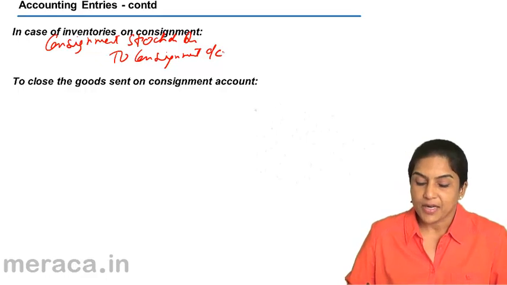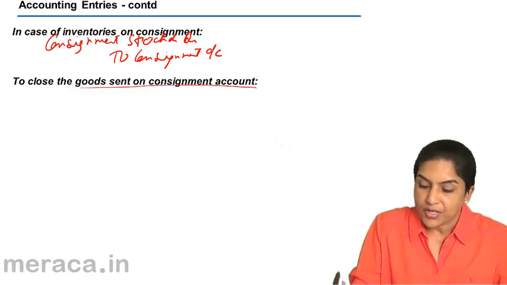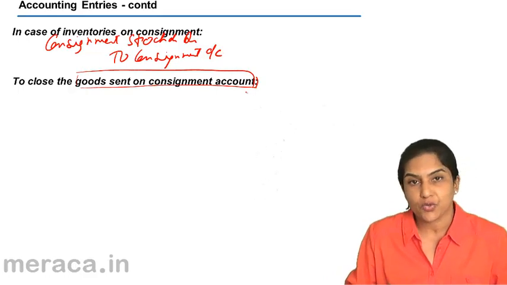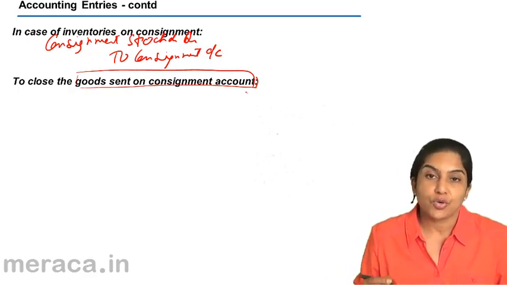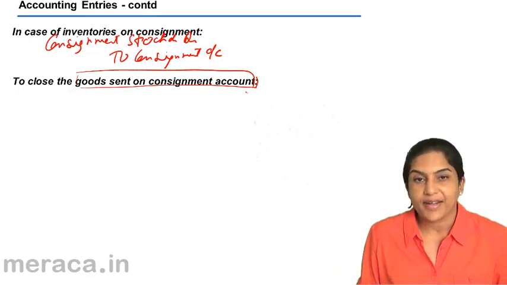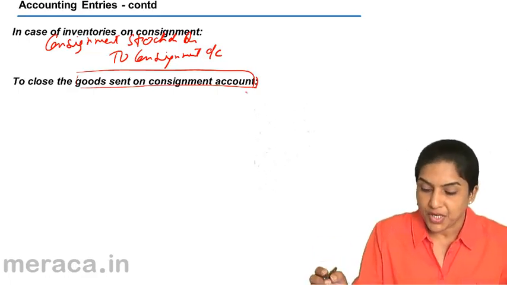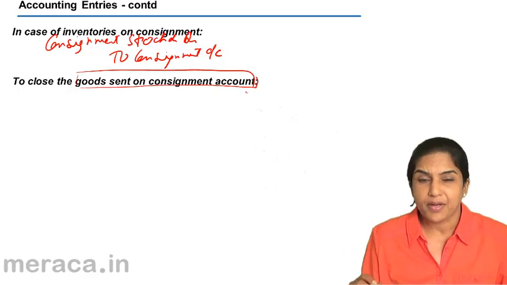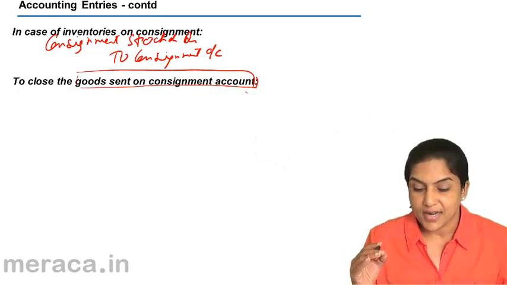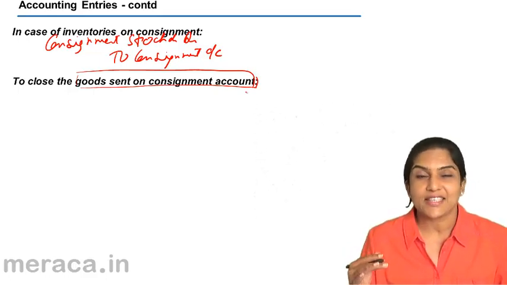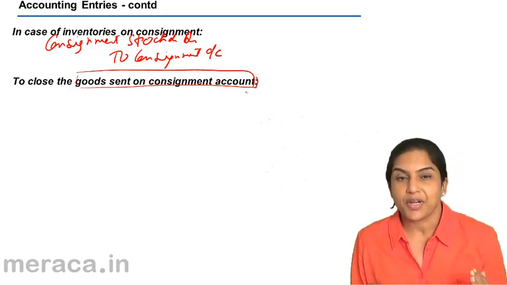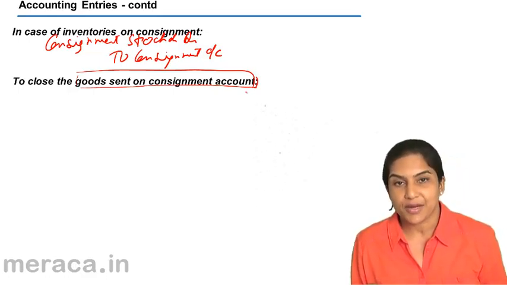Now we have an account called goods sent on consignment which we opened. This account too needs to be closed, and this account is closed by transfer to trading account or manufacturing account. Goods sent on consignment, if you remember, when did this account arise? When we sent the goods on consignment, the entry was consignment account debit to goods sent on consignment account.